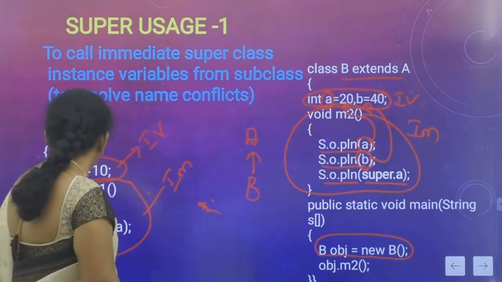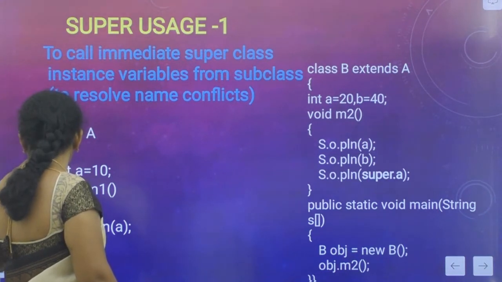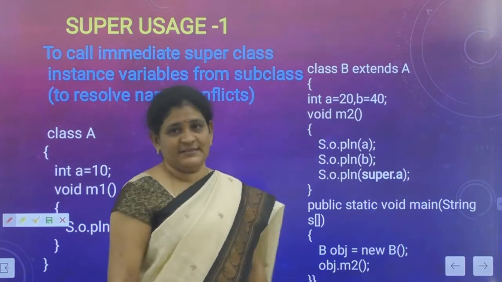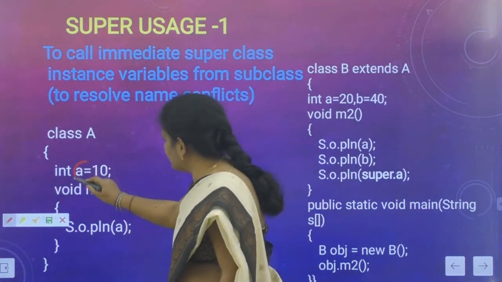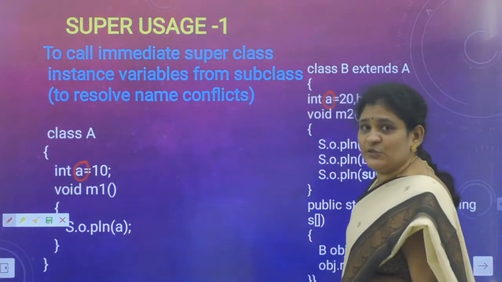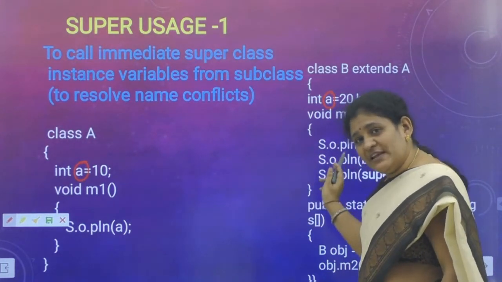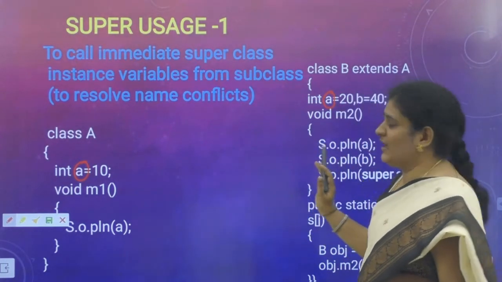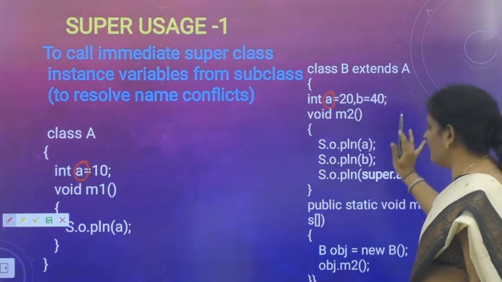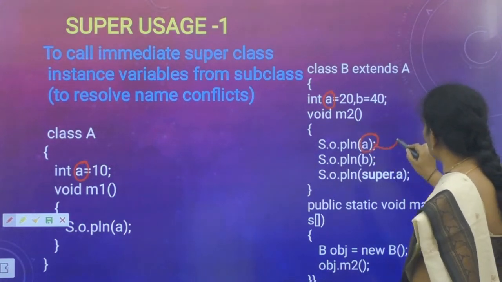Is it clear, or should I explain once again? We'll go with one more explanation. If you observe here, I have taken two classes. Class A contains instance variable A. Similarly, class B also contains instance variable A. Both classes have instance variables of the same name. Now tell me, class B has acquired all the properties of class A. So in this method, I am trying to access A. This A belongs to this one.